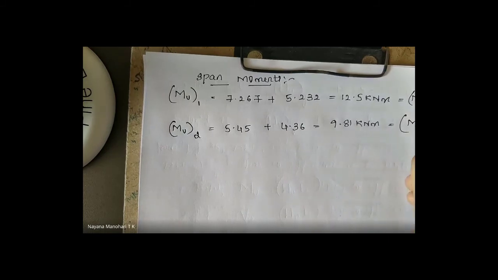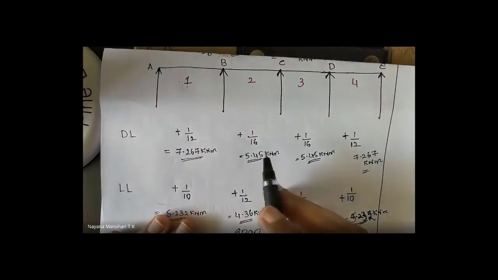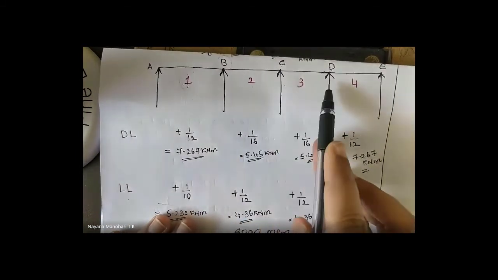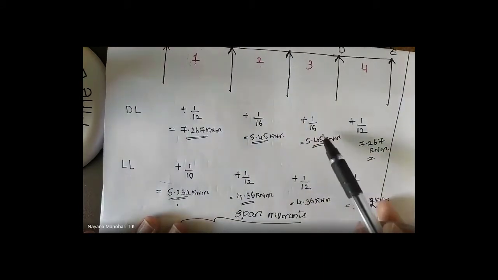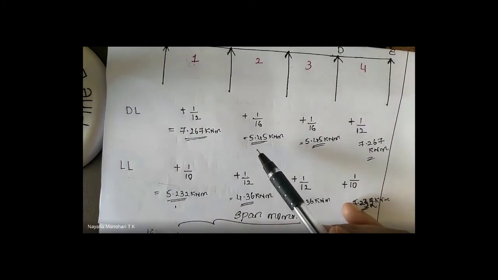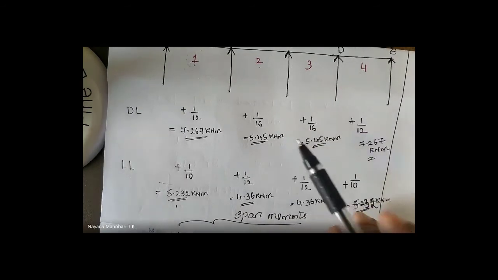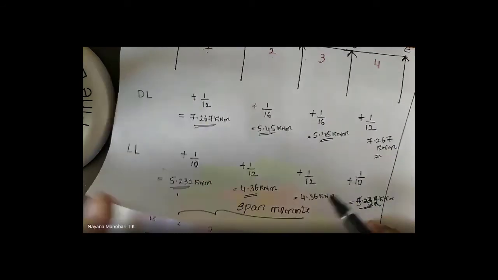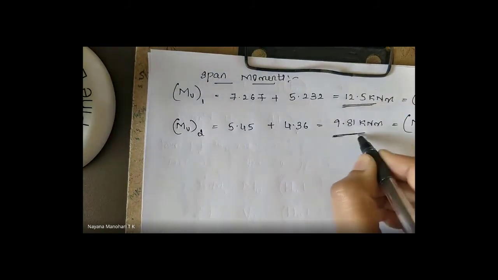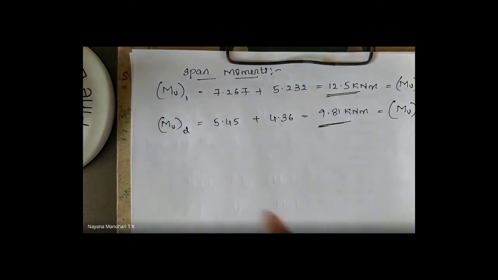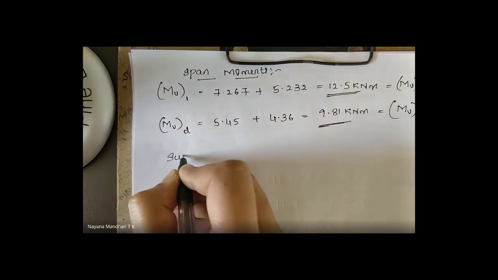Mu at third span. See here, interior span, BC and CD are the interior span. At this both the case, the value you can observe 5.45 plus 4.36. Okay, this is what your span moment. Similarly, you need to calculate support moments.